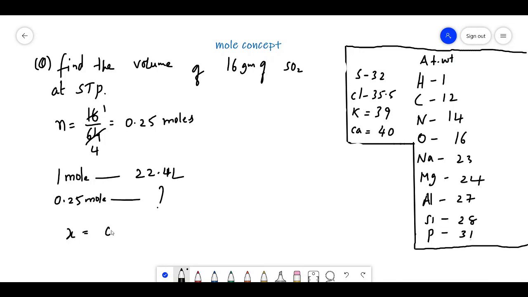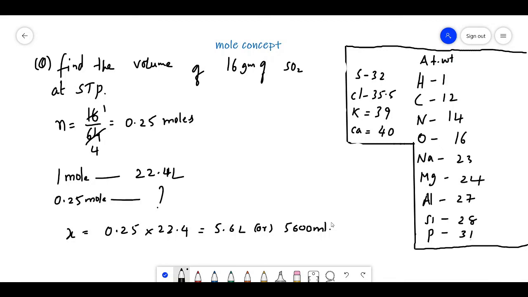So this is 0.25 into 22.4. So if you multiply this, we get 5.6 liters, or sometimes in the options he will give it as 5600 milliliters.